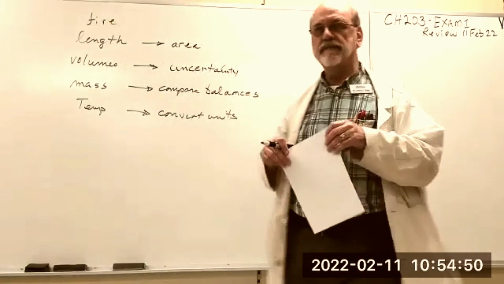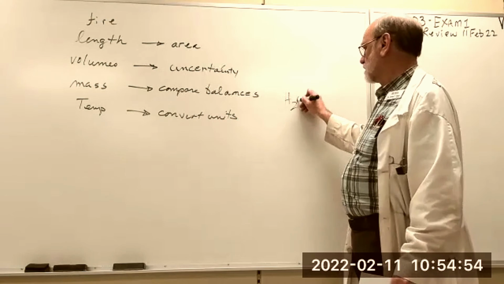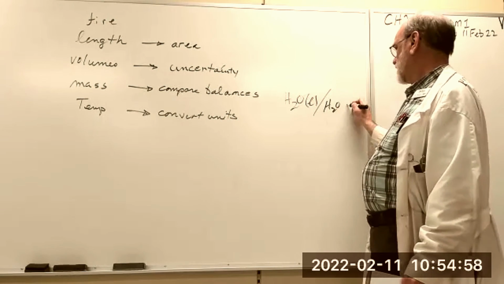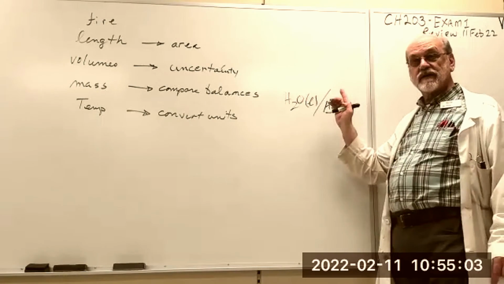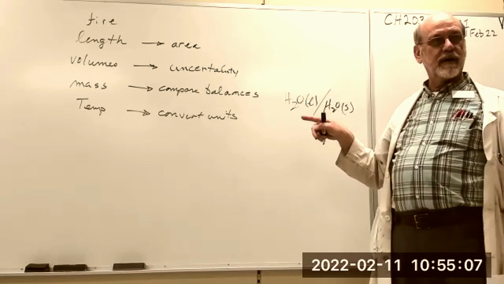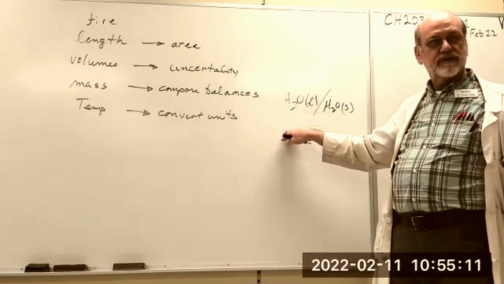One thing about when you have liquid water together with solid water, ice, as long as you've got both of them together, it's always at the freezing point. Only when this completely melts will the temperature start to change.